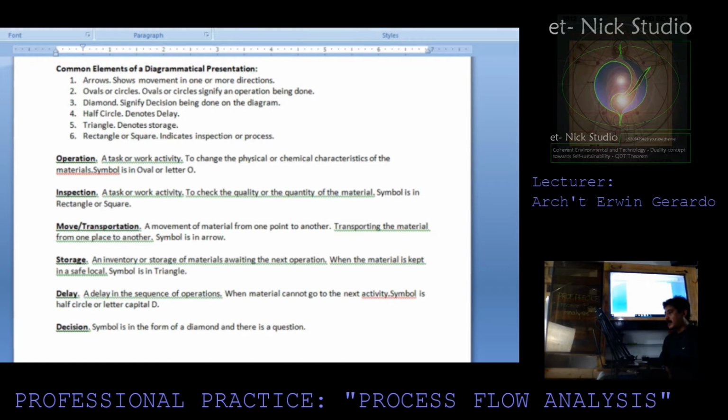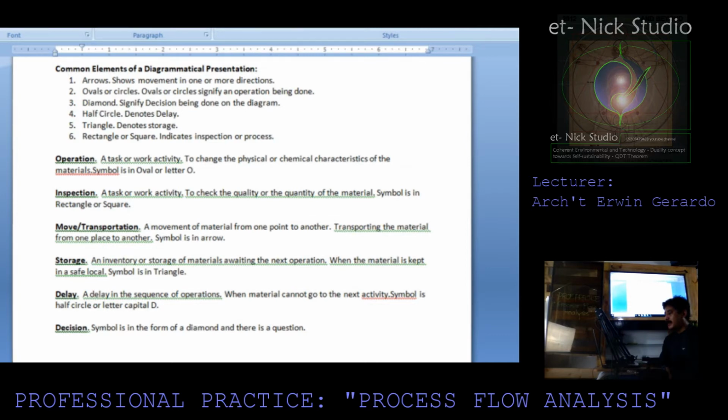Number two, oval or circle. Oval or circle signifies an operation being done, or it is in the form of letter O. Number three, diamond. This signifies a decision being made on a diagram. So this is actually answerable by yes or no. So there is actually a problem statement indicated in this diamond.